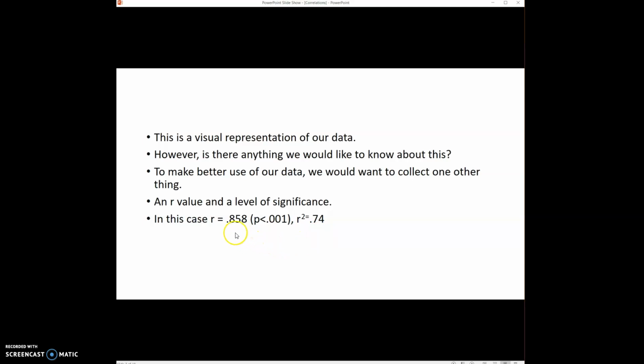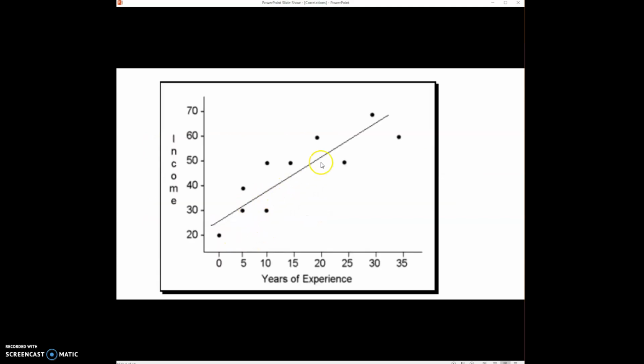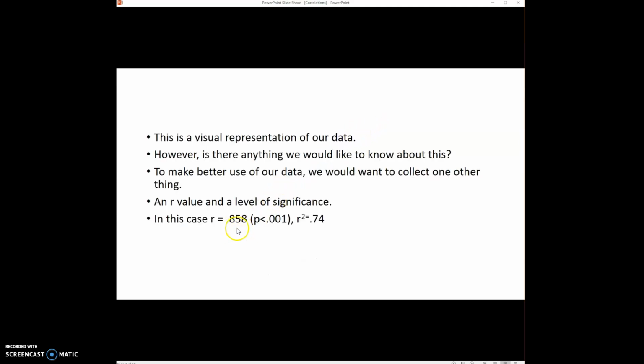So we get a number called an R value, which in this case is 0.858. So this line is at a scale of 0.858. We also need to know whether or not this is a significant relationship. Some correlations can be very strong but not be significant.